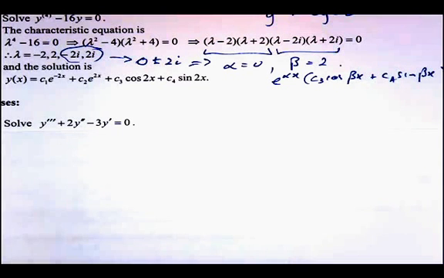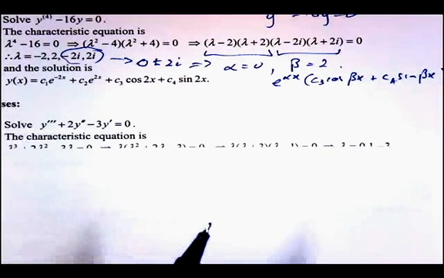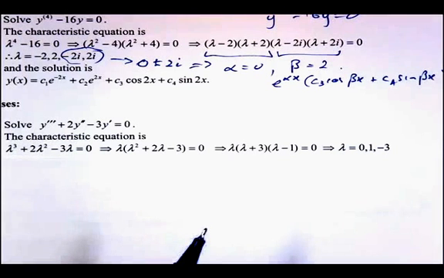And then you should be able to factor the remaining quadratic equation without looking up at the board, which everybody does, of course. Once you have those 3 values of lambda, you write down the general solution.